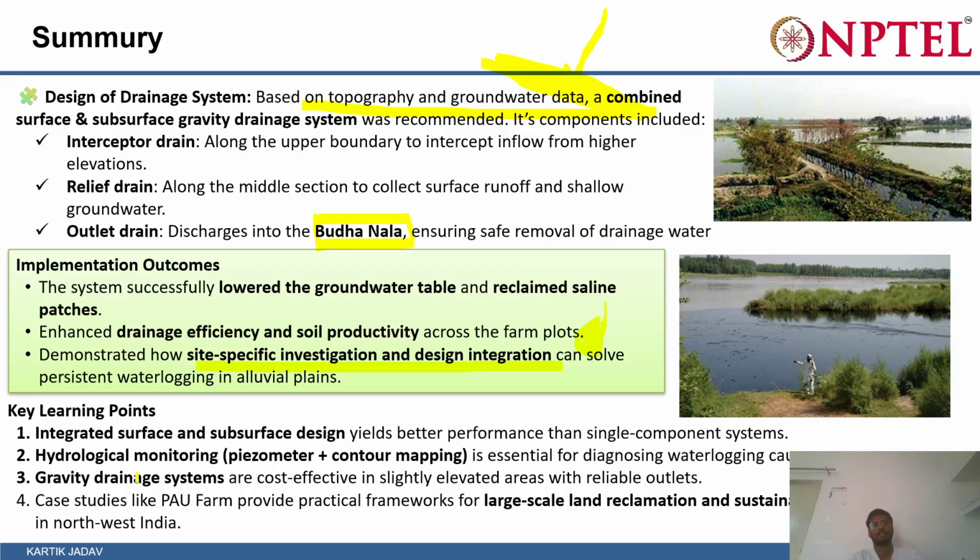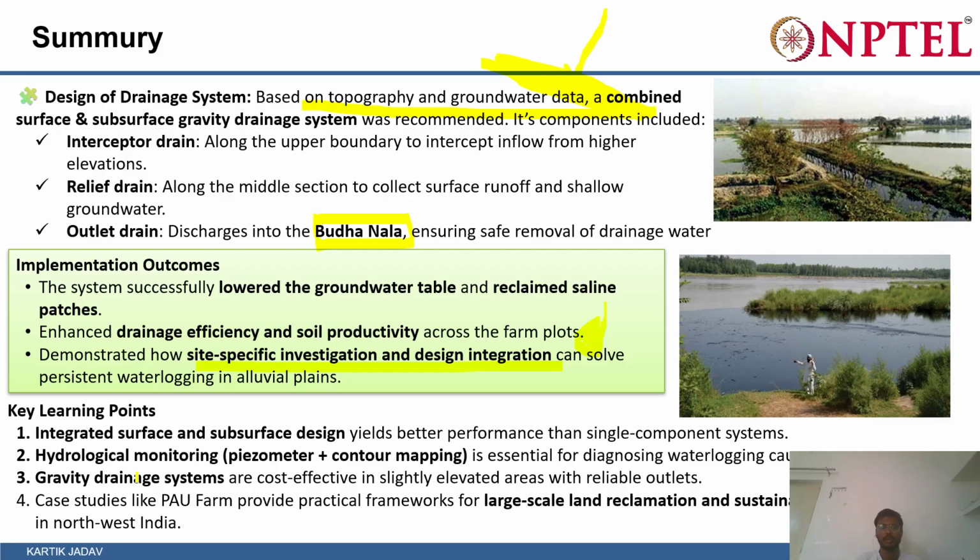Also, after installing this kind of drainage system following your survey and initial design, it's not a good idea to just stop and see what is happening. You have to continuously monitor everything related to drainage. For example, you need to monitor your piezometer, the outlet level, salinity, and other hydrological aspects, because all of these impact the waterlogging issue, right?